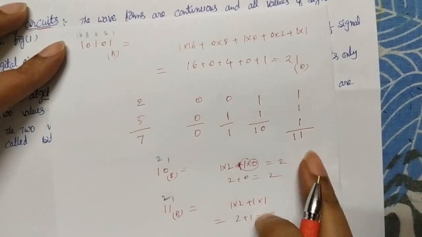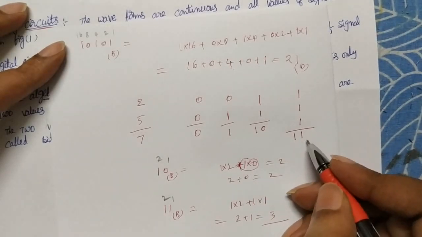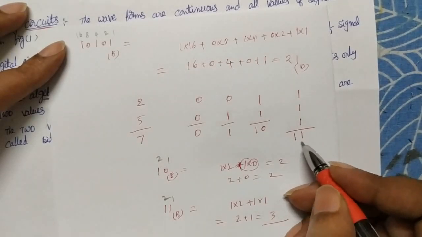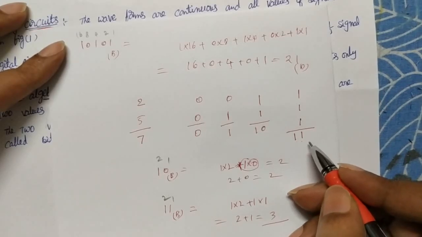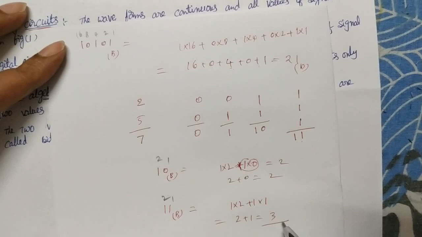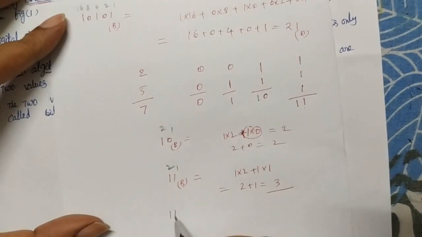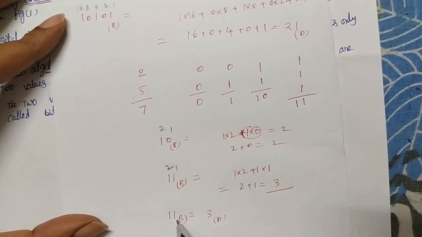What do you get? 3. So this 1, 1 is not called eleven. In binary numbers you just call it 1, 1, and 1, 1 binary is equal to 3 in the decimal system.